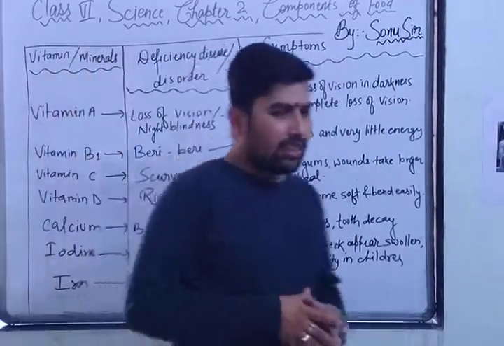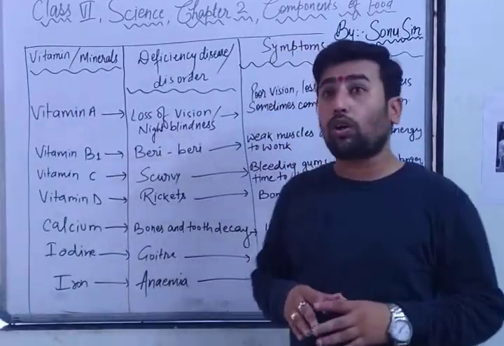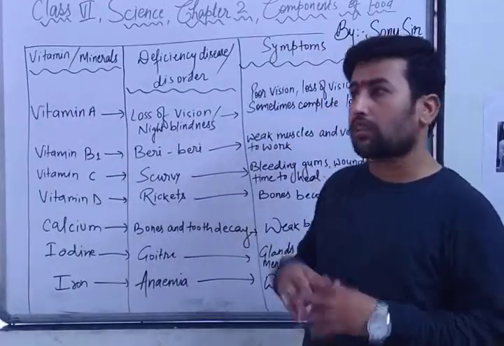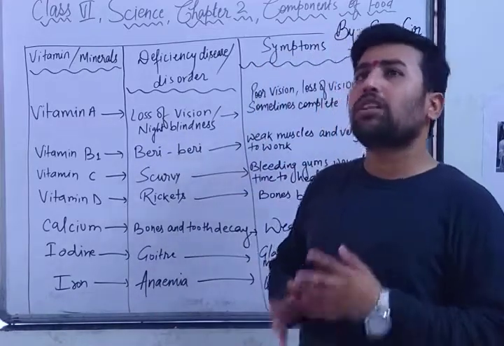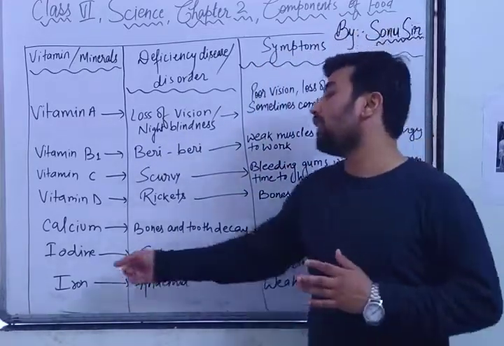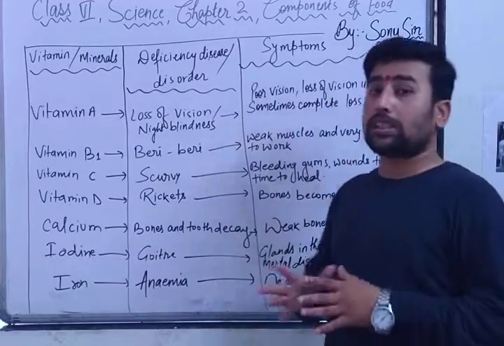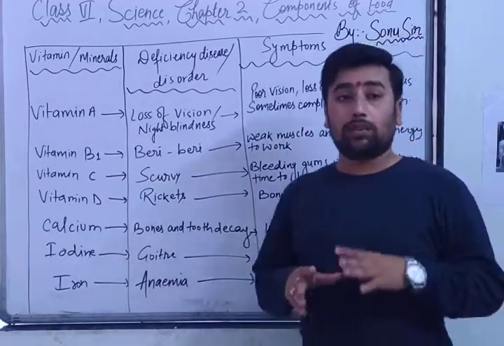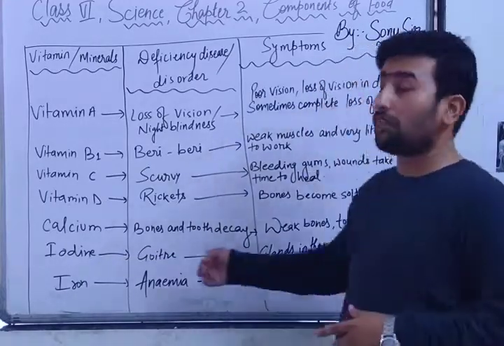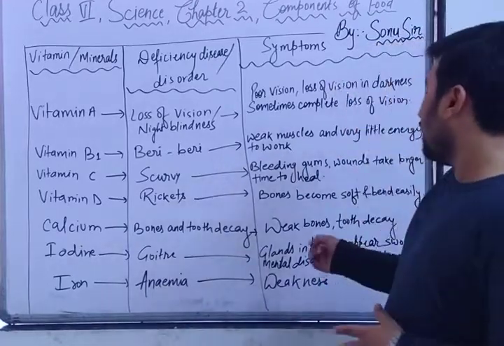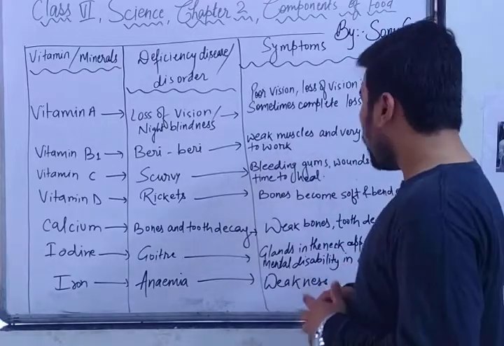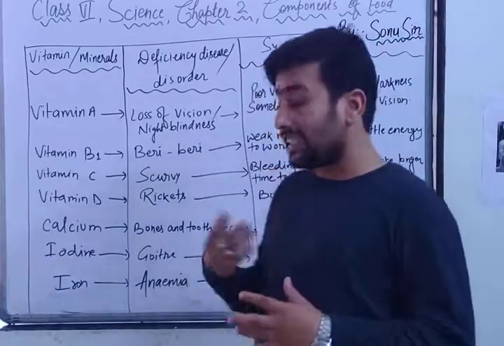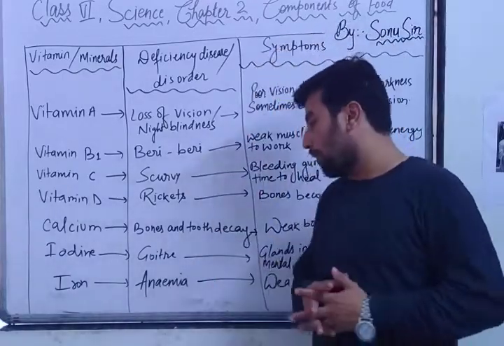You may see some children who are not capable of giving answers. The teacher is teaching very well, the student is listening very well, but he is not able to give answers. This is because of lack of iodine. You must take iodine properly, otherwise you may have a disease called goiter. Mental disability means their minds will not work properly.